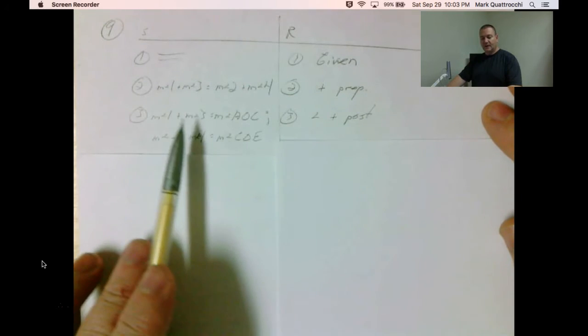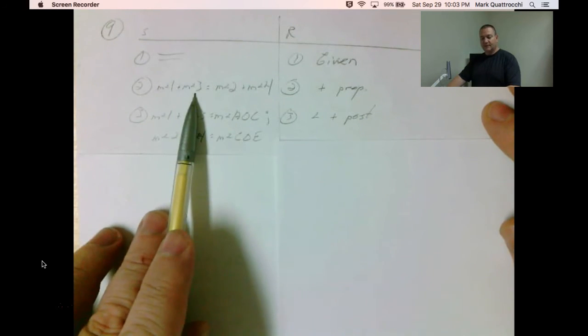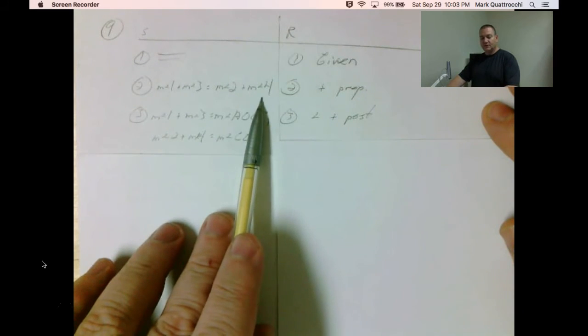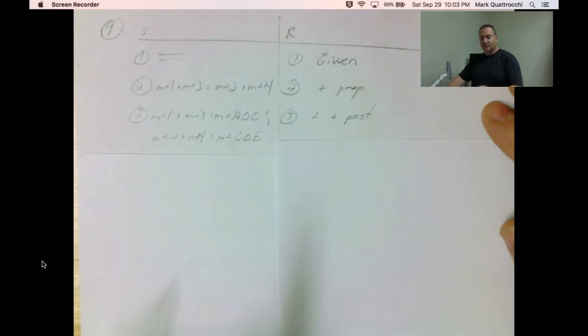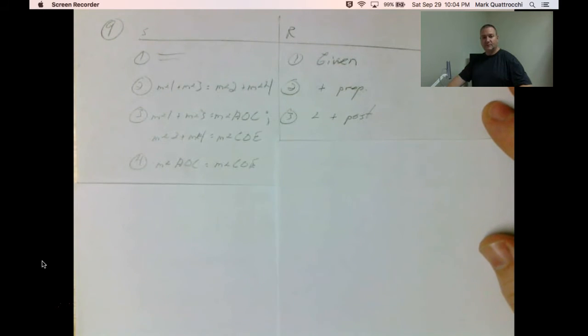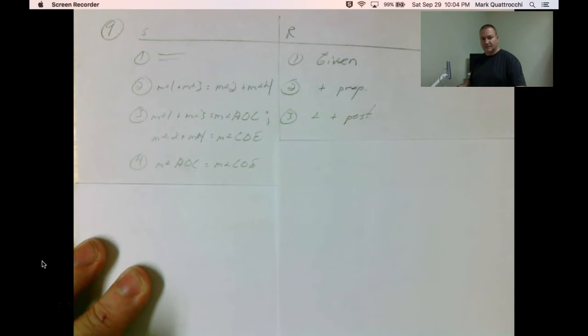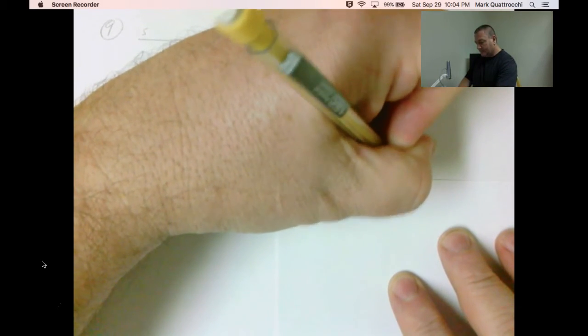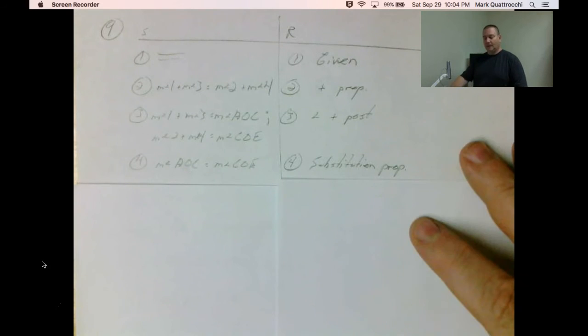Well, instead of writing measure of angle 1 plus measure of angle 3, you can write measure of angle AOC. Instead of writing the measure of angle 2 plus measure of angle 4, you can write the measure of angle COE. You get this new statement. Measure of angle AOC equals measure of angle COE. Reason? Substitution property. Oh, didn't write property. There it is. Okay. What does that do for me?